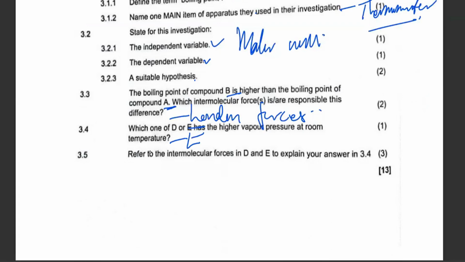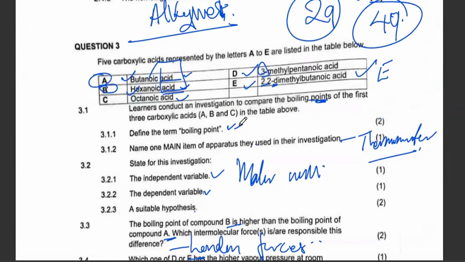Refer to the intermolecular forces of D and E. Explain the answer you have given in the question above. So what am I supposed to talk about? We come back here and we see that both of them have the same functional group.